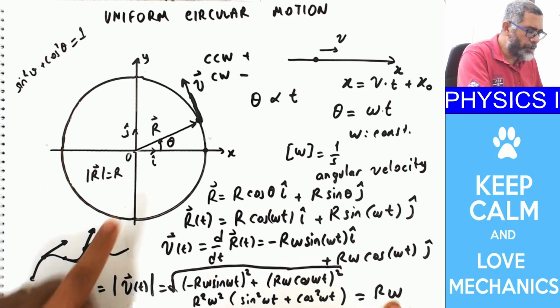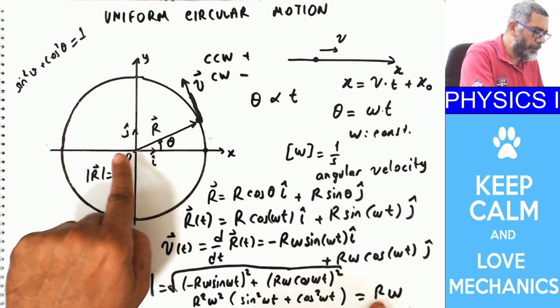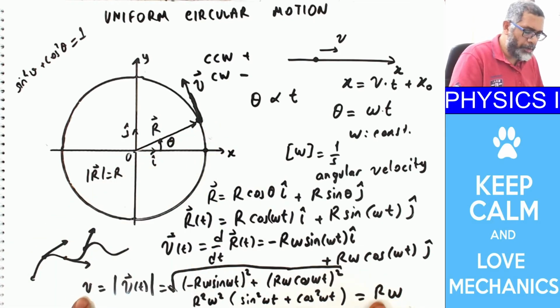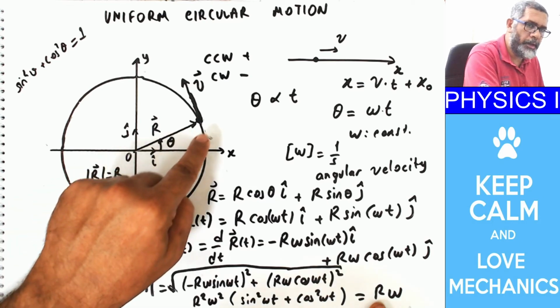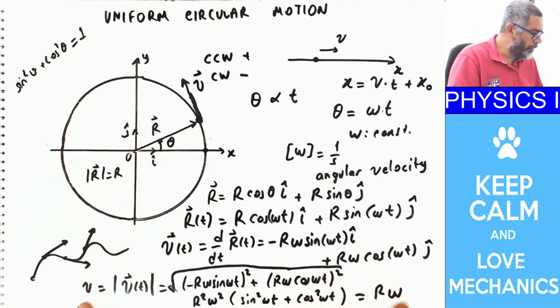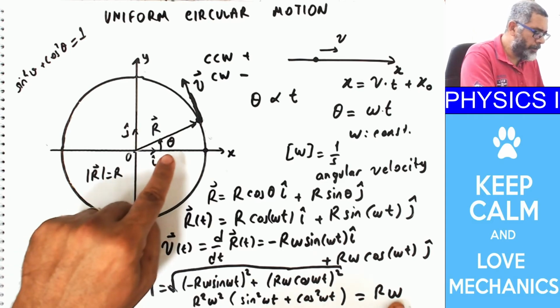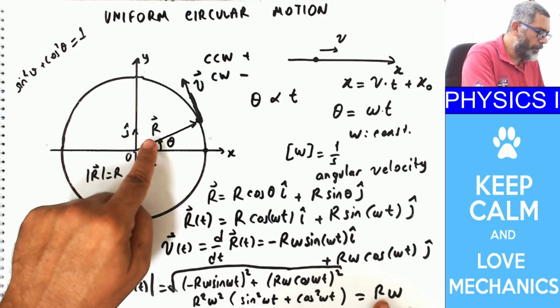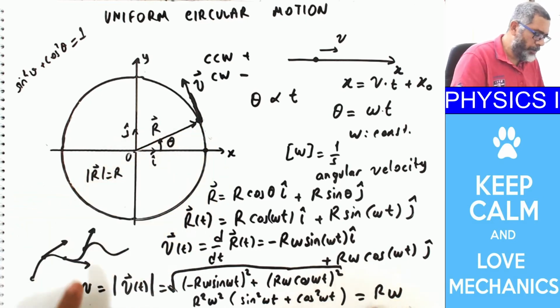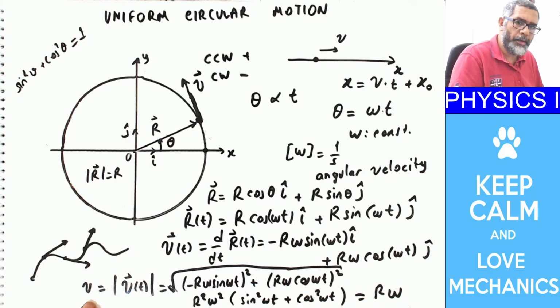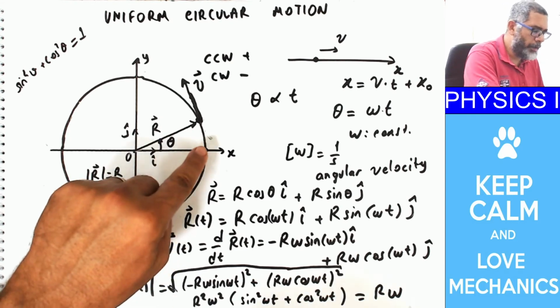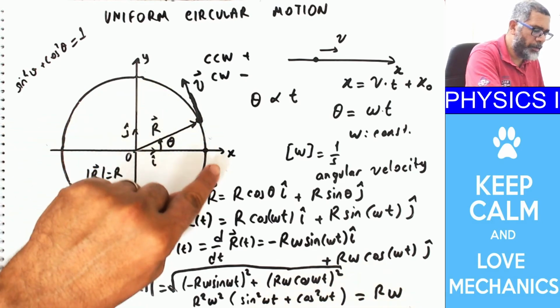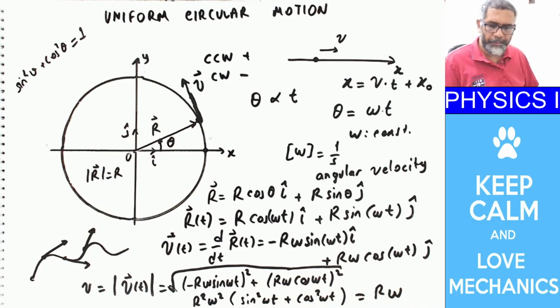Once you know the angular speed, and once you know the radius of the circle, you can just calculate the speed of the object, and that's a good thing. Just from the knowledge of these two things, the angular speed, the rate of change of this angle, and the radius of the circle, you can calculate the linear speed of the object, or the arc speed, the trajectory speed of the object.